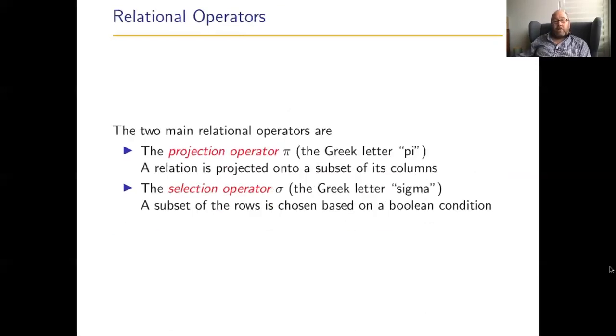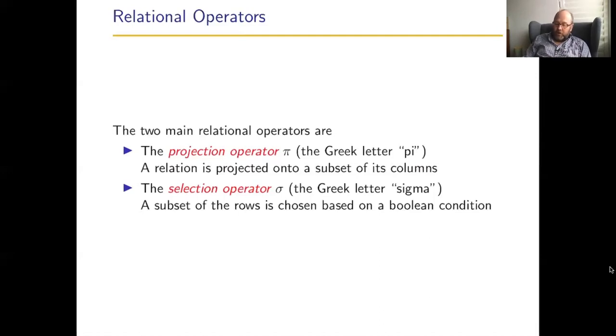Now let's look at some of the operators. For normal algebra, we have the arithmetic operators: plus, minus, times, and all that. Then we have the set theoretic operators, which are union and intersection. And now we have two special relational operators. There are two important ones.